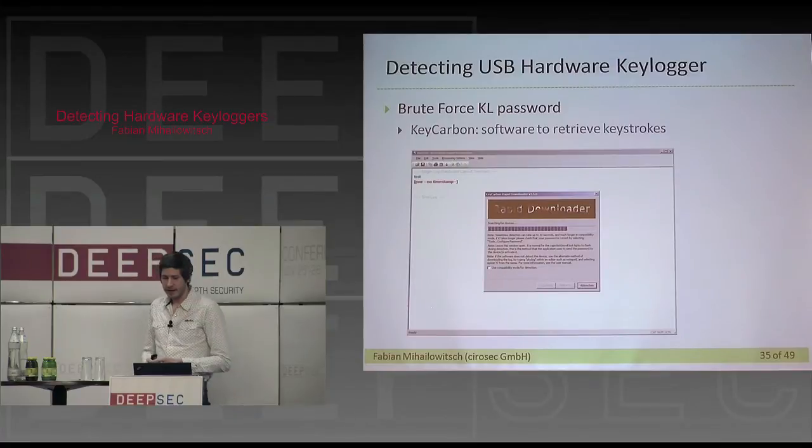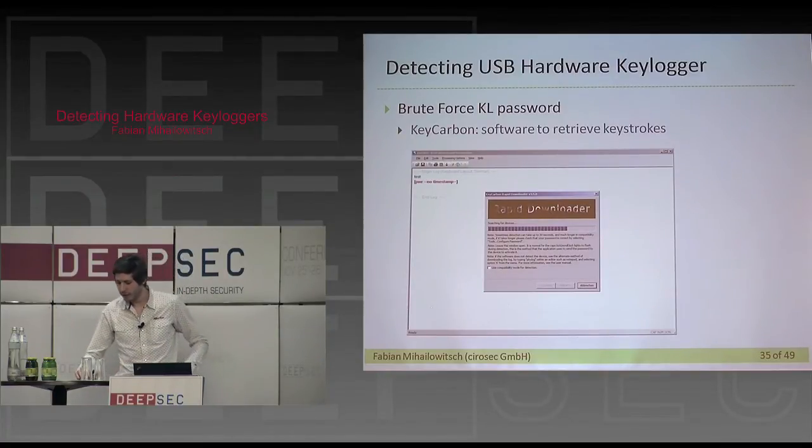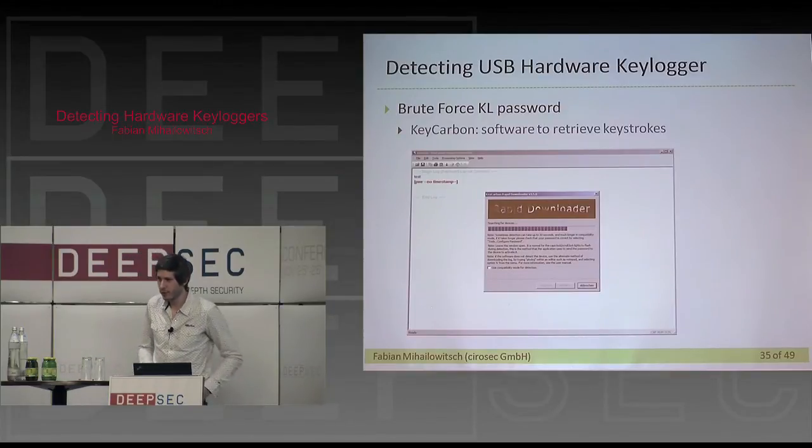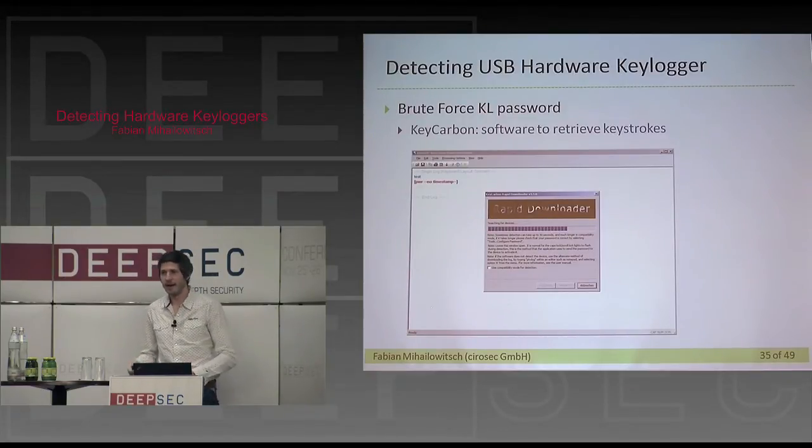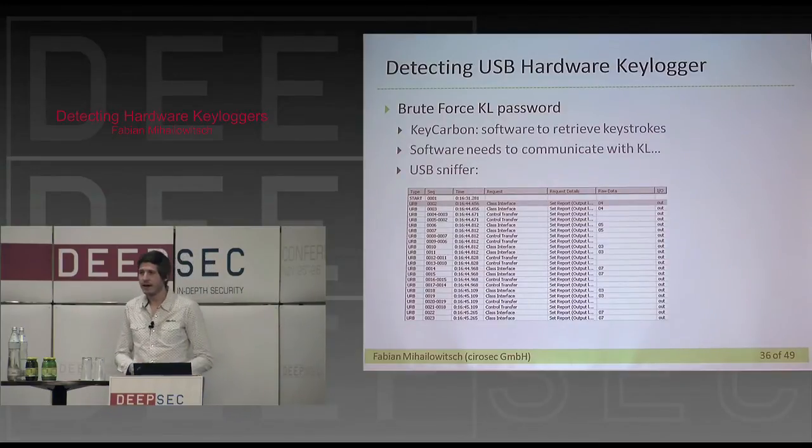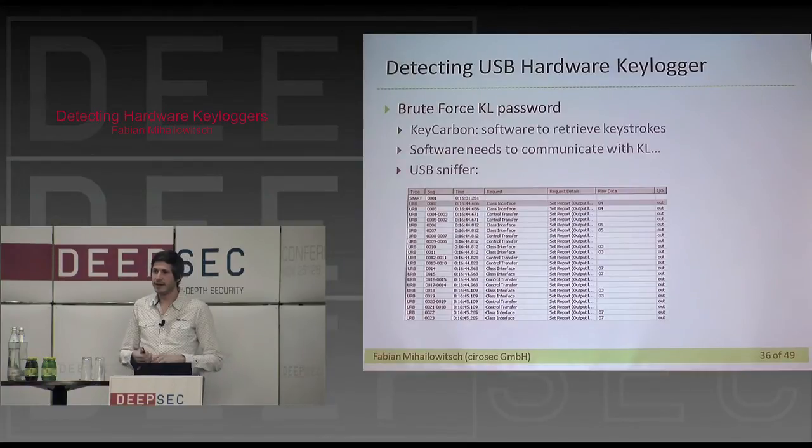So the next thing I stumbled across is that for the Keycarbon keylogger, there's actually a software used to read out the keystrokes. And the cool thing is, once there's a software to retrieve the keystrokes, maybe I can use the same technique the software does to get them and thus detect it. So I got a software-based USB protocol analyzer and analyzed how exactly the software communicates with the keylogger.